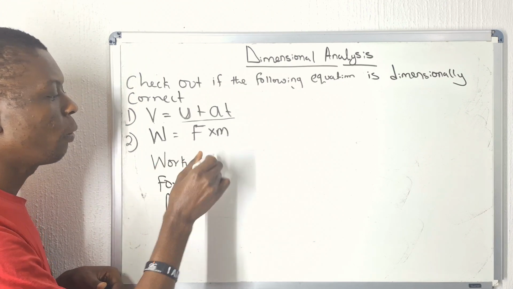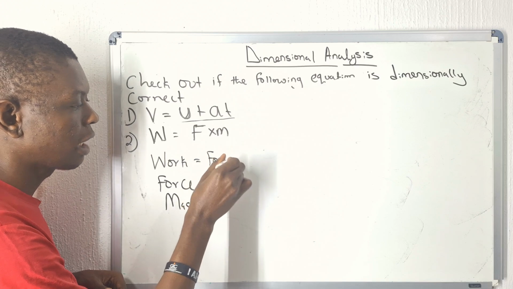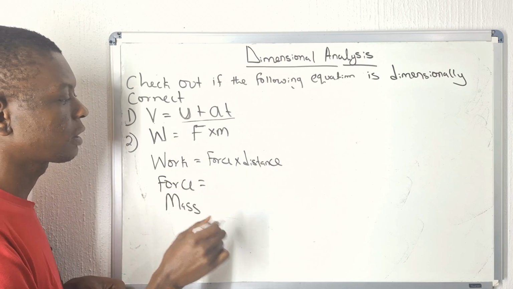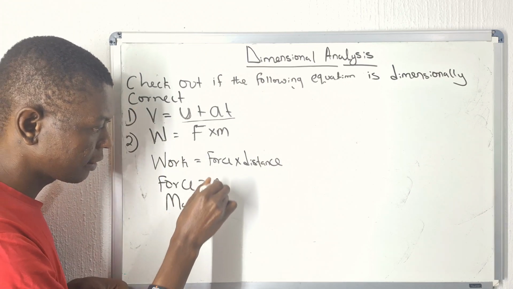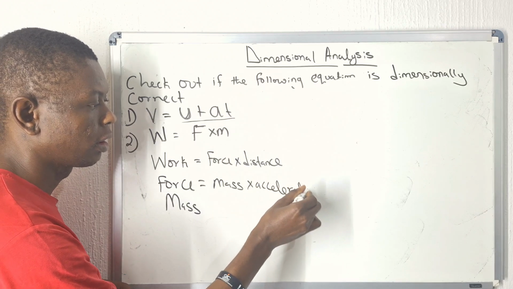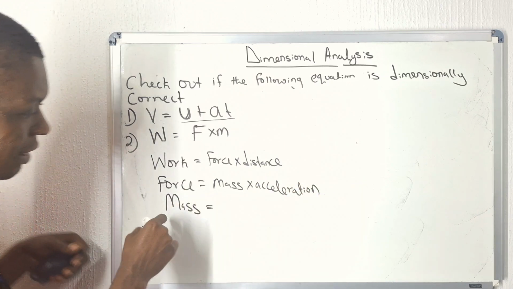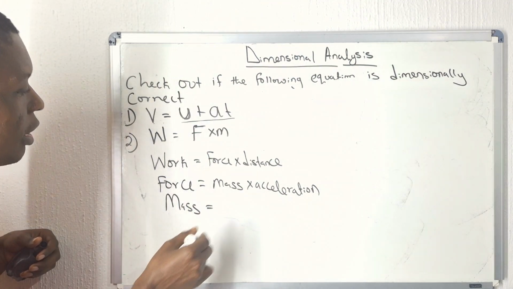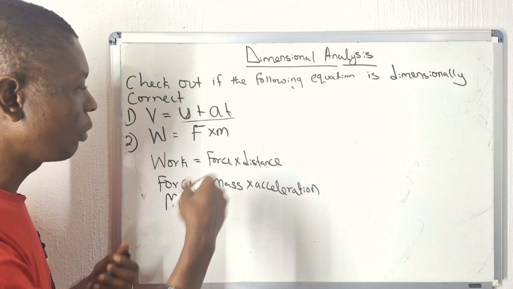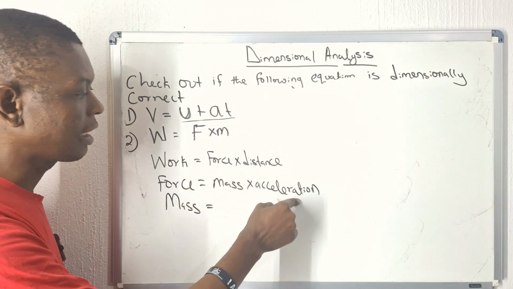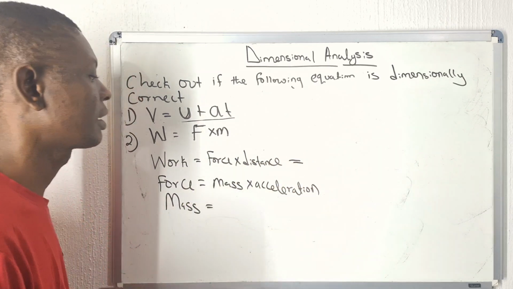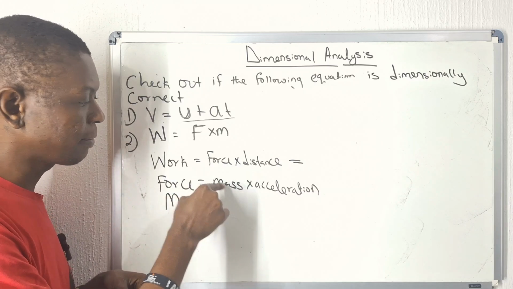Now, what is work? Work is simply force times distance. And what is force? Force is mass times acceleration. Mass itself is a fundamental quantity. So to analyze this further, we express it in dimensional analysis. Force is mass times acceleration.